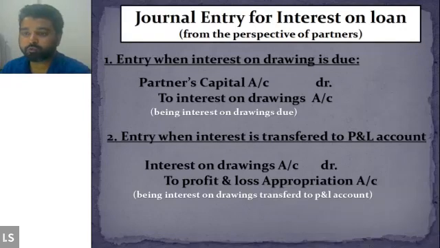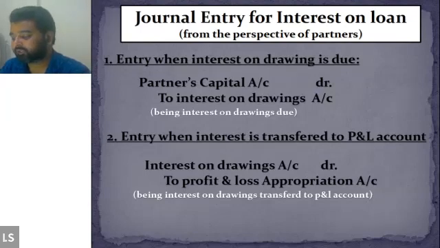So I want all of you to write it down. General entries for interest on drawing. There will be two general entries: when interest actually gets due and when it is transferred to the profit and loss appropriation account. When it gets due, the entry will be partner's capital account to interest on drawing. Why is the partner's capital account being debited?